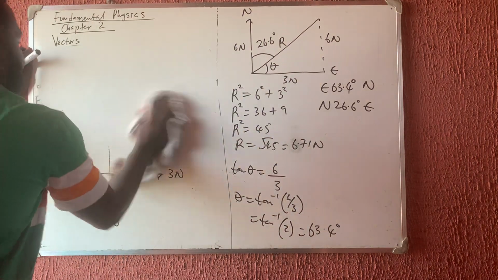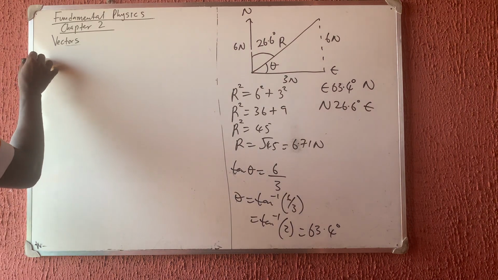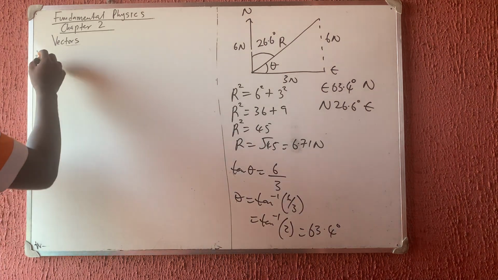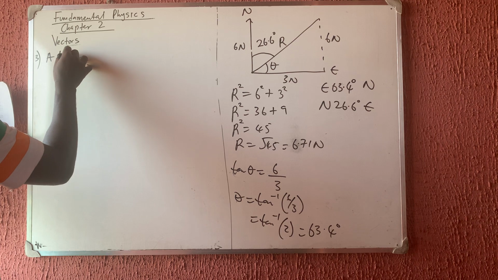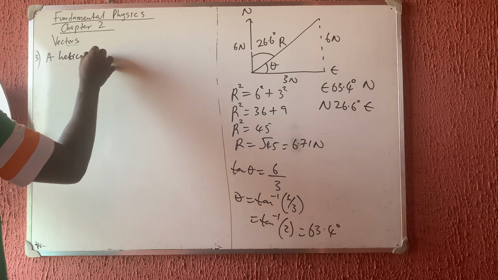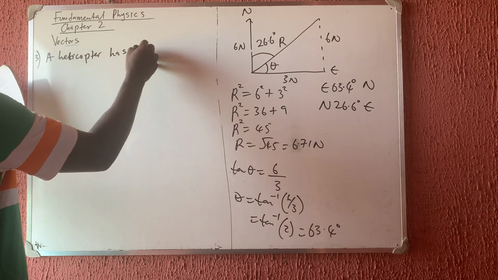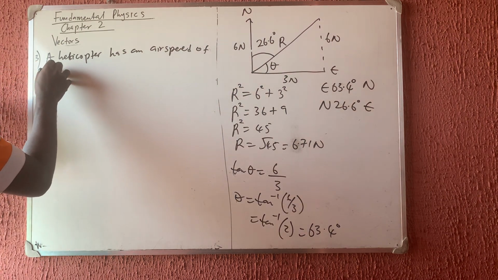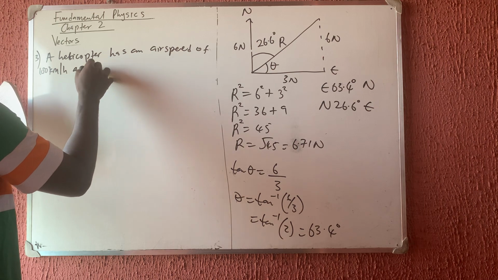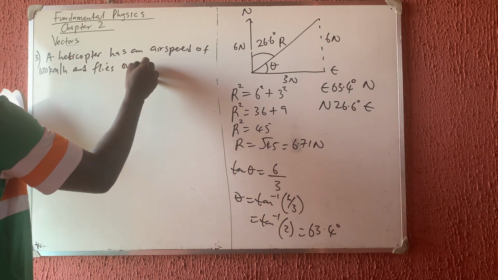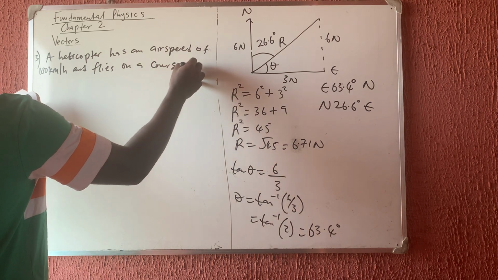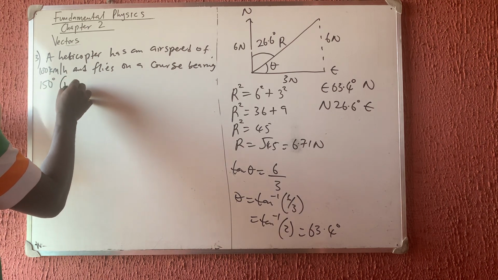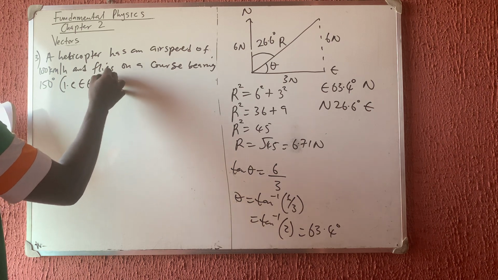Question number 3 said a helicopter has an airspeed of 100 kilometer per hour and flies on a course bearing 150 degrees, that is east 60 degrees south, right?